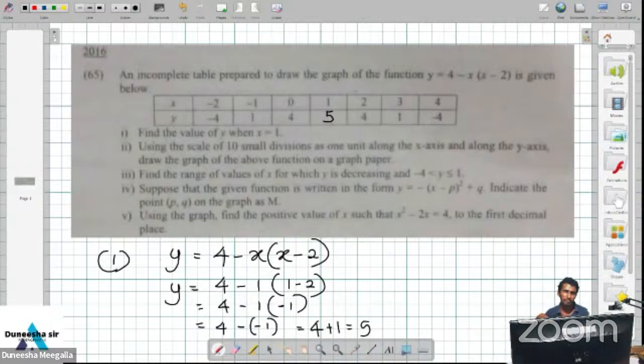What are the directions to draw the graph? Using the scale of 10 small divisions as 1 unit along the x-axis and along the y-axis, draw the graph of the above function on graph paper. Okay. Do you have graph paper?